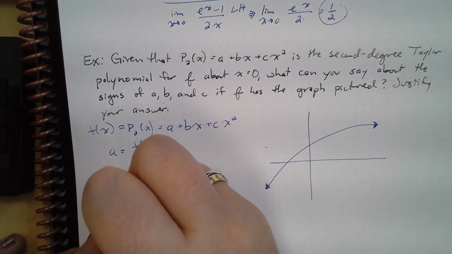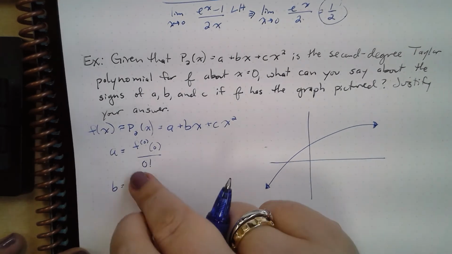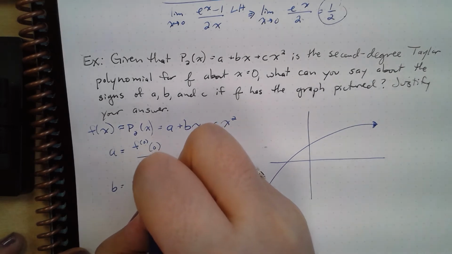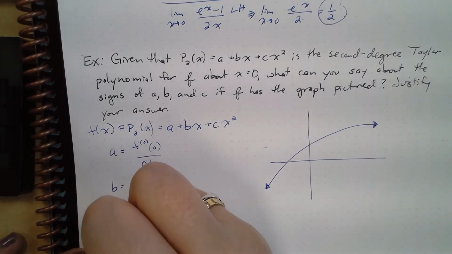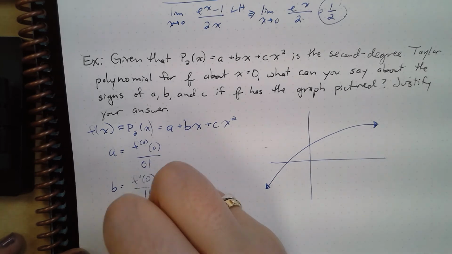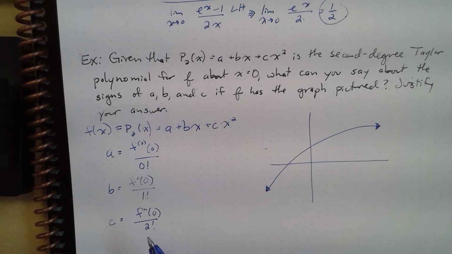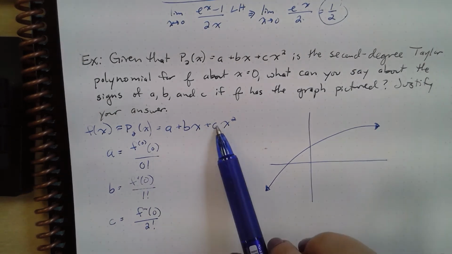And this b is going to be f prime of 0 over 1 factorial. And c is going to be f double prime of 0 over 2 factorial. These are our coefficients, right? And actually what I want you to think of here is, what do these represent?